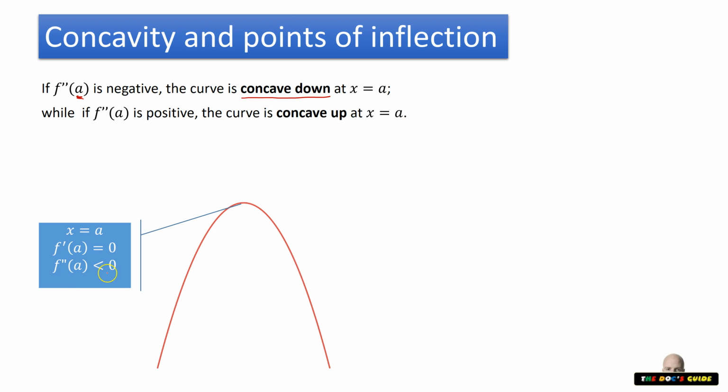Now if we take the second differential and it's less than 0, what that says is that the rate of change of the gradient is always negative. If we think about what the gradient would look like here, it would be a large positive value, becoming a smaller and smaller positive value until it's 0 just here. And now it's a negative value, becoming a bigger and bigger negative value. So our gradient itself is always decreasing.